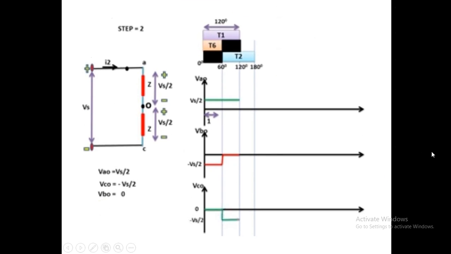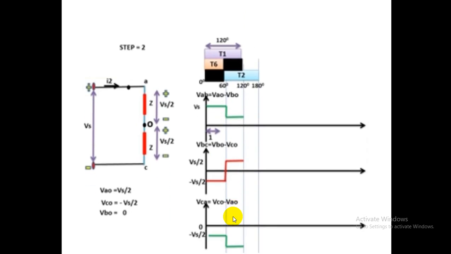When we see the phase voltages, VAO is maintaining its value continuously, and VBO is not participating now, so that value is reduced to 0 from minus Vs by 2. VCO comes into action in this duration, and its value is increased from 0 to minus Vs by 2 during this 60 to 120 degree operation.